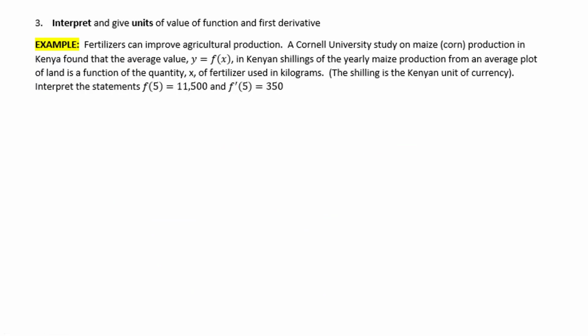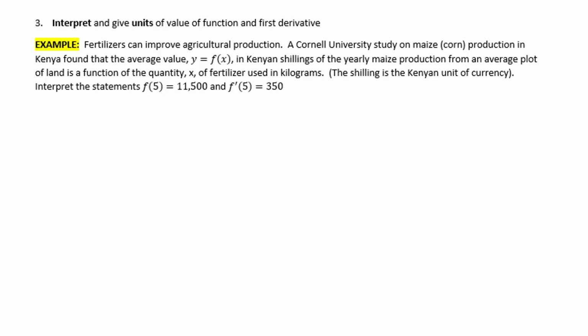All right, next. So here it says fertilizers can improve agriculture production. A Cornell University study on maize corn production in Kenya found the average value, f of x, in Kenyan shillings. Okay, so the function is in Kenyan shillings of the yearly maize production from an average plot of land as a function of x.